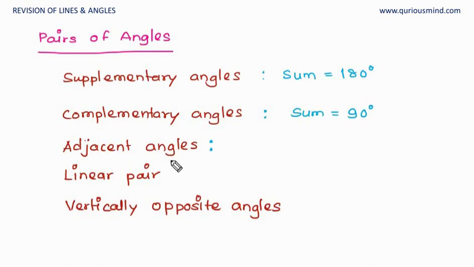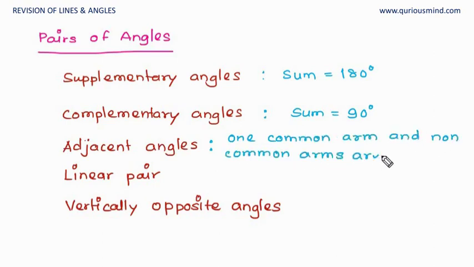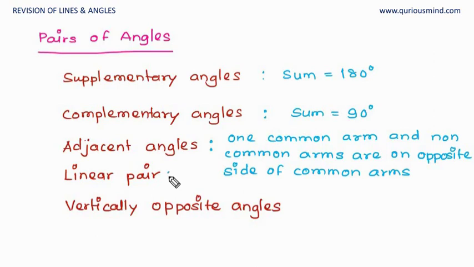Adjacent angles, when two angles have a common arm and the non-common arms are on opposite sides of common arm, then we call them adjacent angles. Linear pair, when we have adjacent angles whose sum is 180 degree.